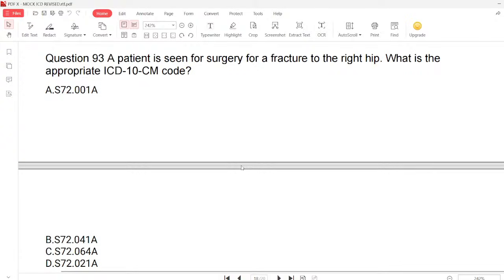Deepa also saying B. Okay, let me check the code. Just a second. S72.041.